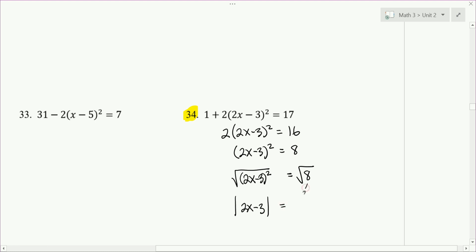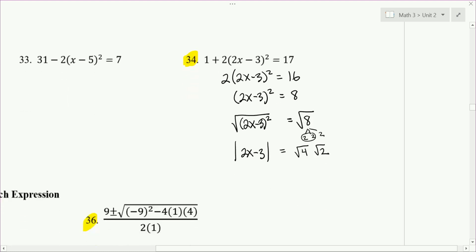And remember, 8 is 2 times 2 times 2. If you multiply a pair of 2's together, you get a perfect square. So this is the square root of 4 times the square root of 2, which I guess I should change to 2 root 2. 2x minus 3 could be equal to 2 root 2, or it could be equal to negative 2 root 2.